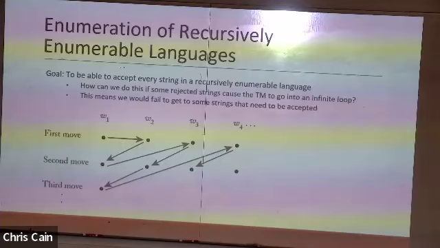Does this make sense? If it spins forever, we're only going to be looking up to the first some number of moves. We're going to keep incrementing that by 1, but only after we've considered the next string. So if we use this procedure, eventually, even though this will take a very long time, we will be able to output every single string that is accepted in a recursively enumerable language in some finite amount of time.